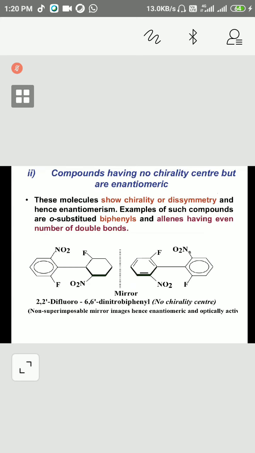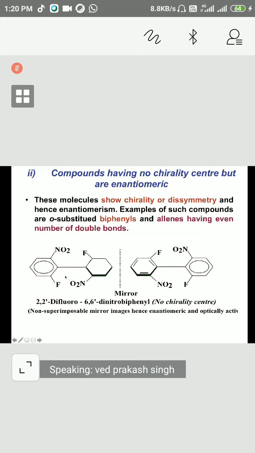Atropisomerism. Here rotation is hindered, meaning the molecule cannot rotate. If the molecule could rotate, then it could come to this side and there would be a mirror plane here. But molecule rotation is hindered in these cases. That's why there will be asymmetry, non-superimposable mirror images.